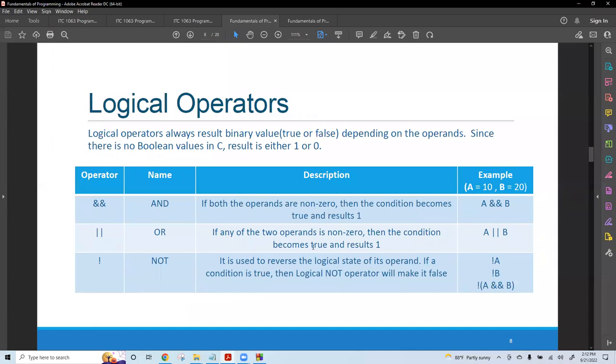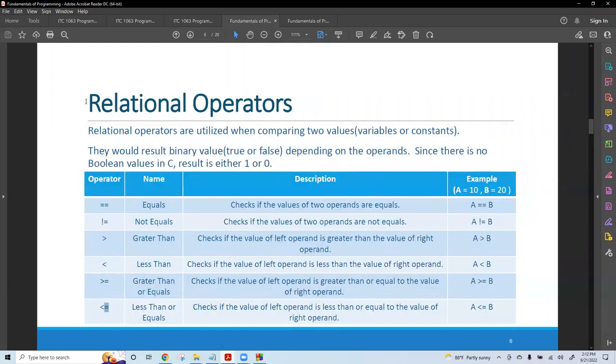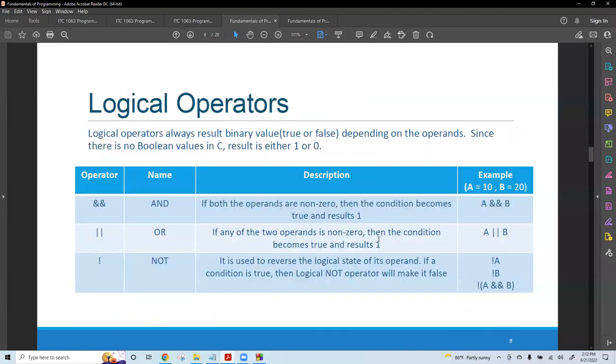Logical operators. Again, logical operators are similar to relational operators. However, logical operators are like in logics, in Boolean logic, right?